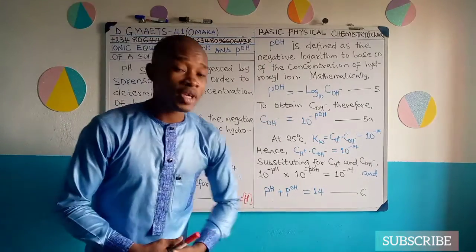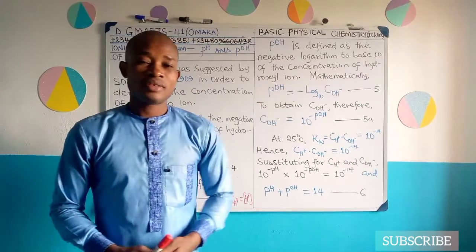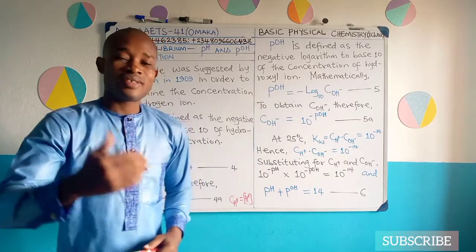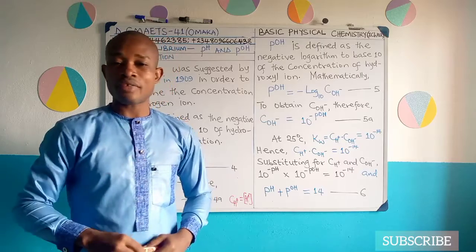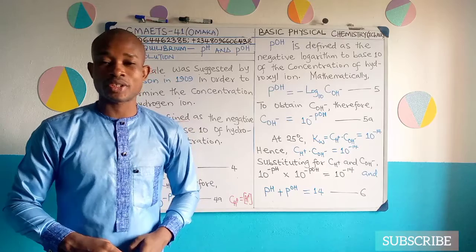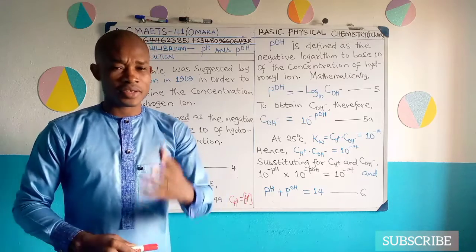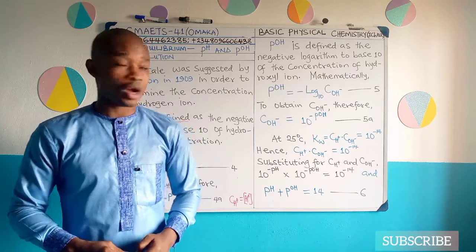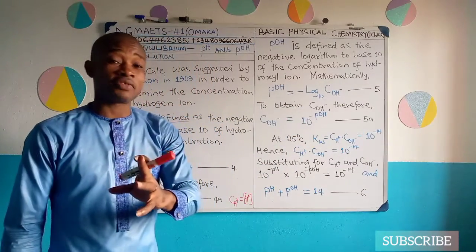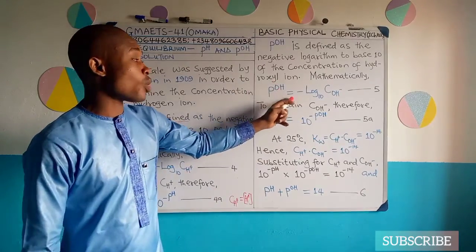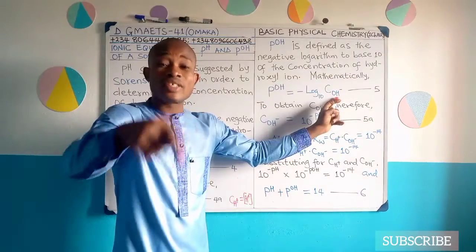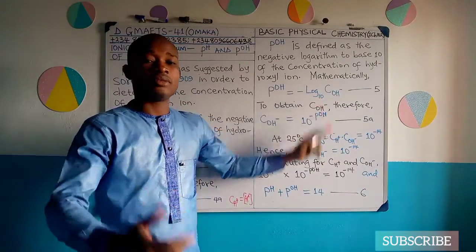Now let us look at pOH. Is that okay? The definition is similar to pH. pOH is simply defined as negative logarithm to base 10 of hydroxyl ion concentration. The hydroxyl ion concentration is still the same as saying hydroxide ion concentration. And of course, mathematically, we have equation 5 defining that for us, that pOH is equal to minus log of the concentration of the hydroxyl ion to base what? 10.